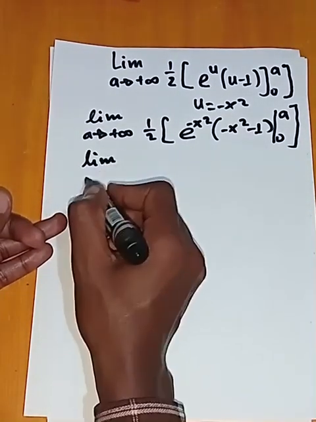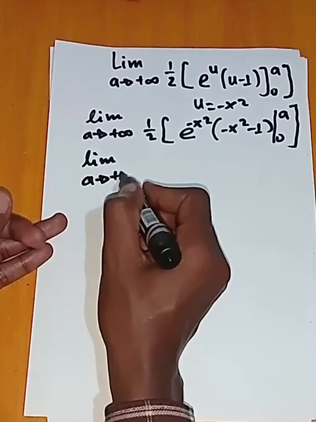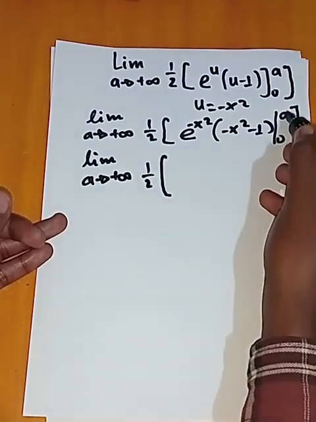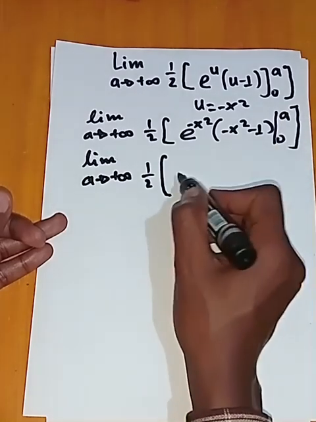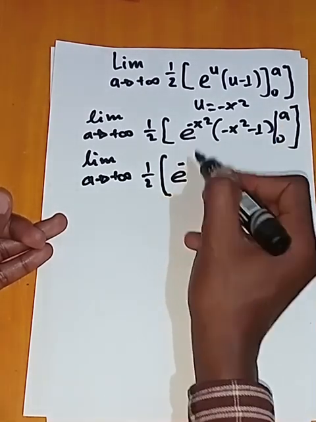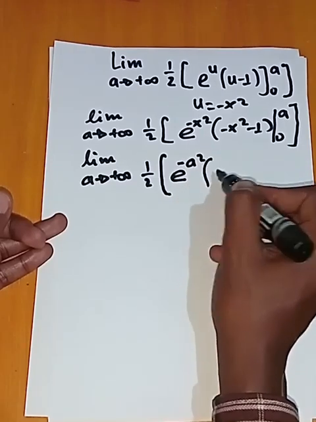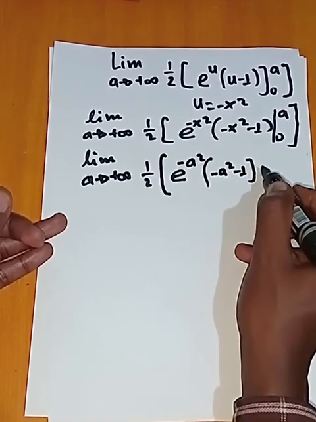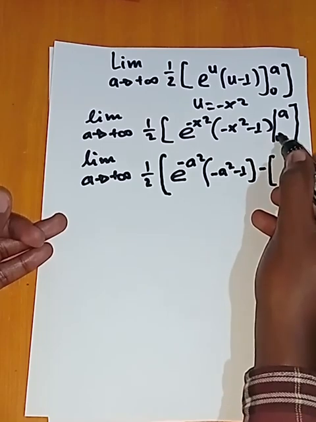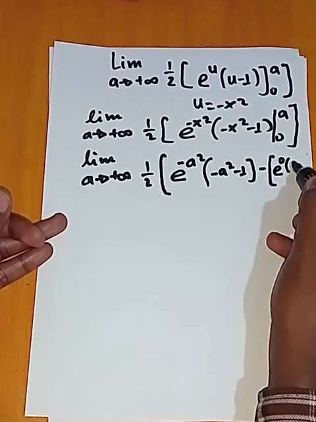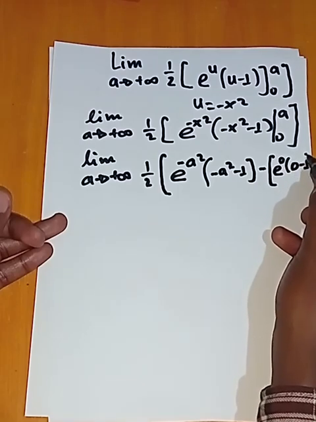So the limit as a tends to positive infinity of 1 over 2. Now we can directly substitute a and 0. First we take a in place of x, so e raised to negative a squared times negative a squared minus 1, minus, then we replace with 0: e raised to 0 times 0 minus 1.